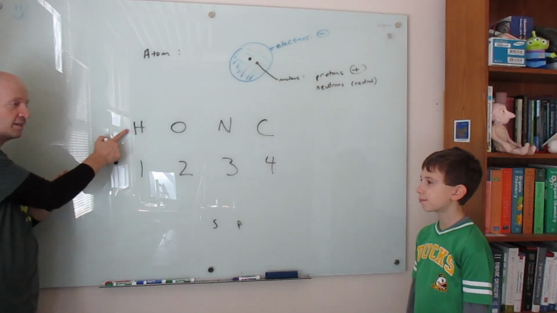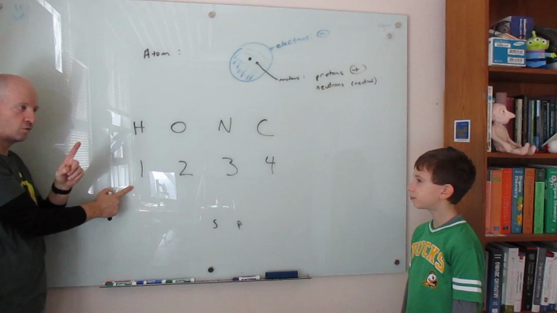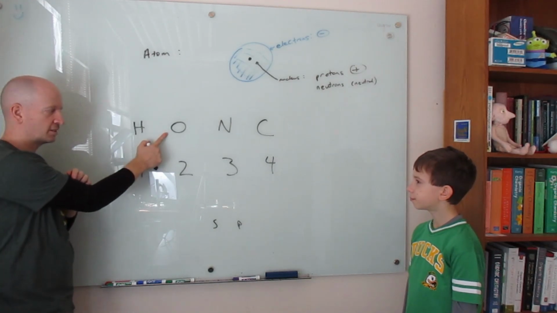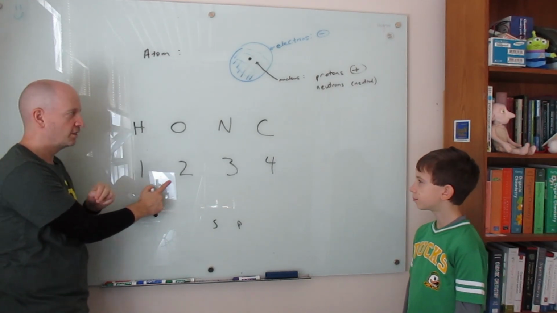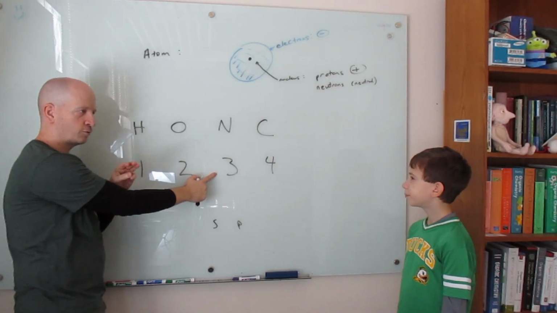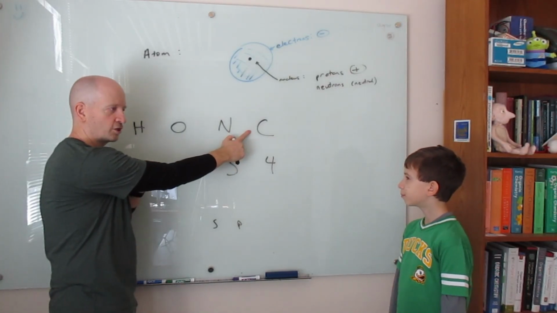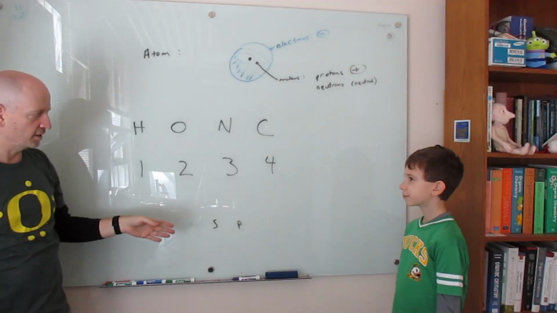Now when you're forming bonds to hydrogen, it forms 1 bond. When you're forming bonds to oxygen, it forms 2 bonds. When you're forming bonds to nitrogen, it forms 3 bonds. When you're forming bonds to carbon, it forms 4 bonds.